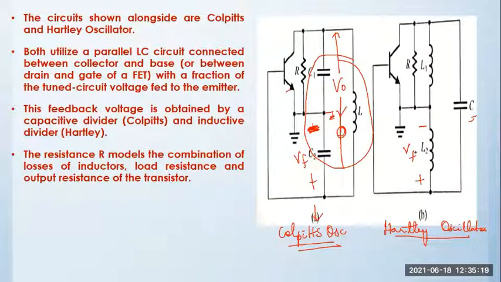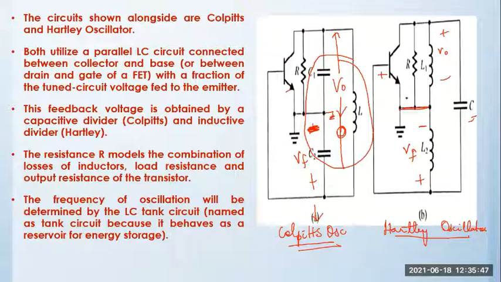So whatever voltage drop I have across L2, that is connected to the base input, and the negative is grounded. You see this point is common ground, and the output voltage appears across L1. So you can clearly see that positive feedback is given as the feedback voltage across L2.